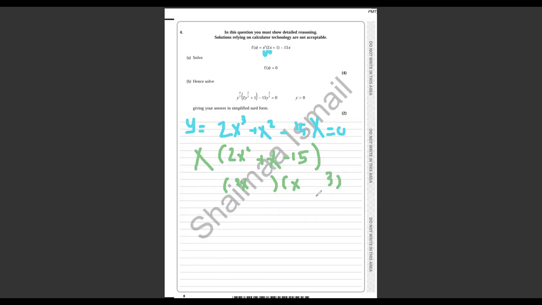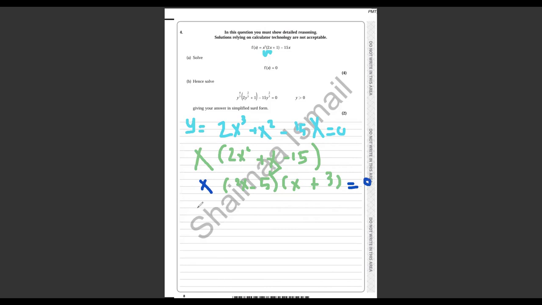It will be 3 and 5, because one will be positive and the other negative. So we have minus 5x plus 6x, which gives us 1 positive x. And don't forget that we already have x outside equal to 0.